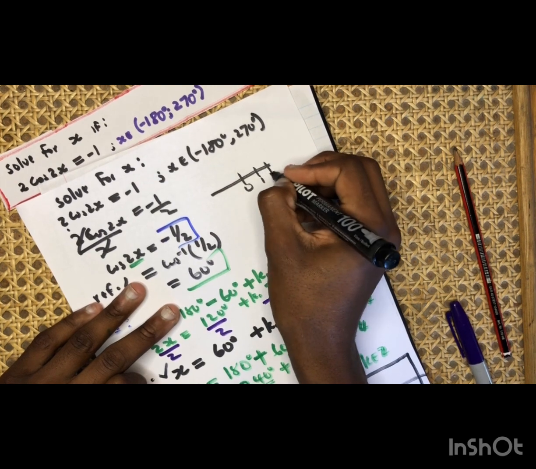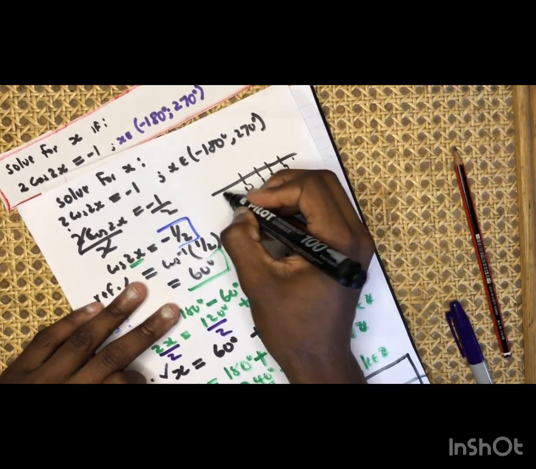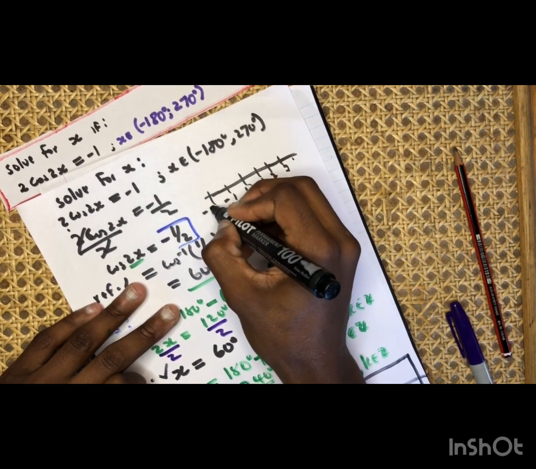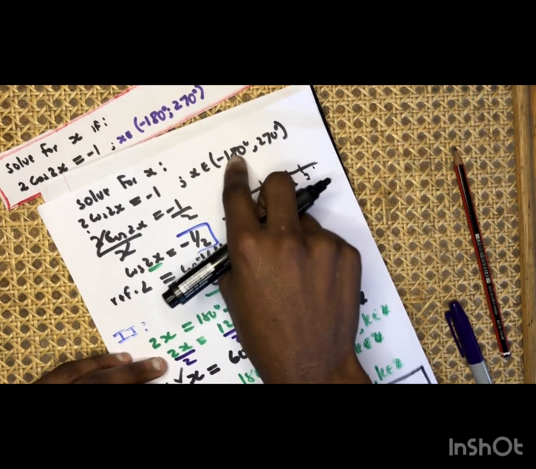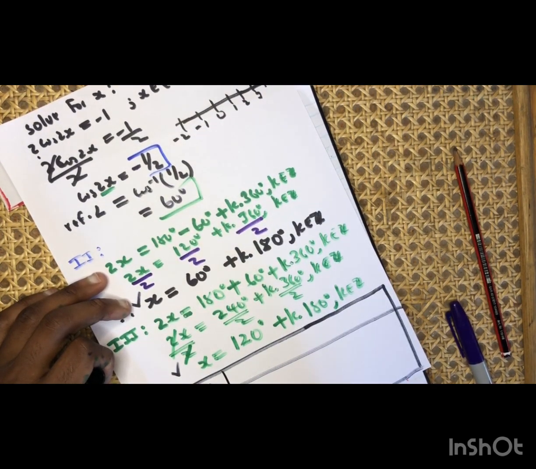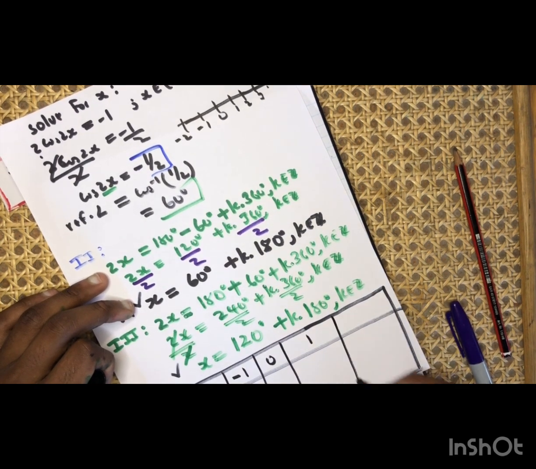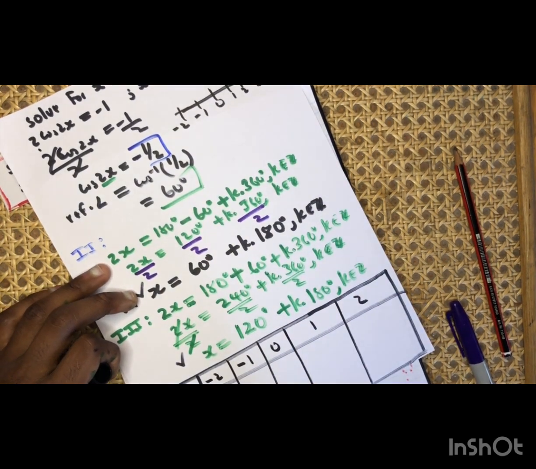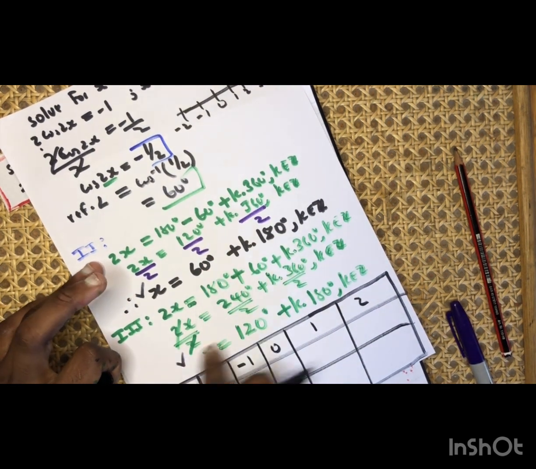So it's 1, 2, 3, up to positive infinity, and -1, -2, to negative infinity. Since we have negative values here, I'm going to start with -2, -1. You can start with -3, guys. Then you have 0, 1, 2. I have this solution and this solution.